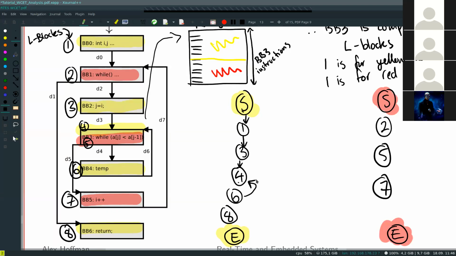I think there should be a few more in here. Yeah, there are a few more. 4 to 3. Yeah, very good. 4 to 3.